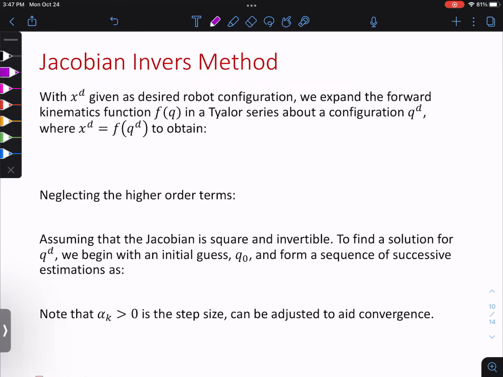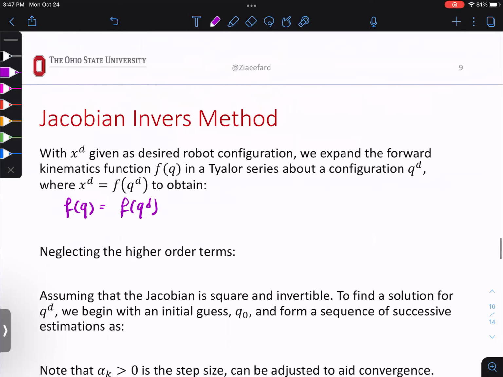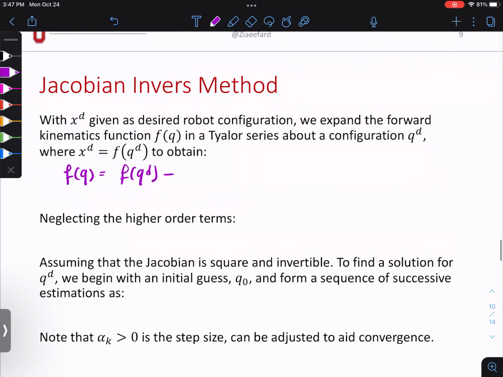The Taylor series expansion would be f of q equals f of q desired, where we want to be, plus the Jacobian of q desired times q minus q desired, plus higher order terms.